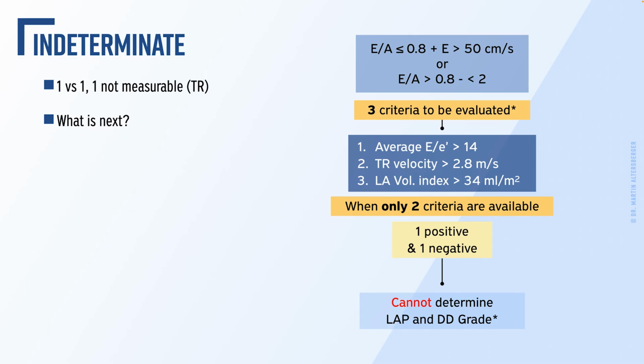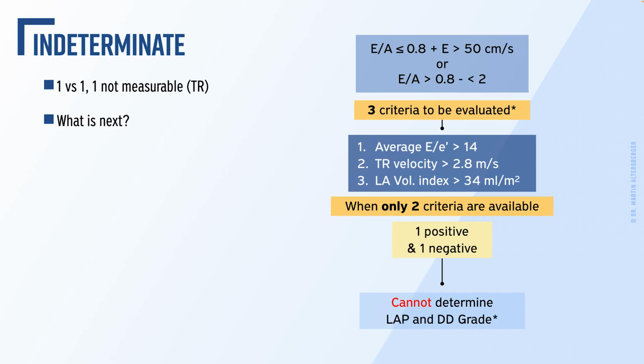When you only have two of those criteria available, and one is positive and one is negative. For example, the LA volumetric index is 33 milliliters per square meter and the average E to E prime is 15. The TR velocity is not measurable. Very often you can encounter such a situation, or switched around, the average E to E prime ratio is 13 and the LA volumetric index is 36 milliliters per square meter.